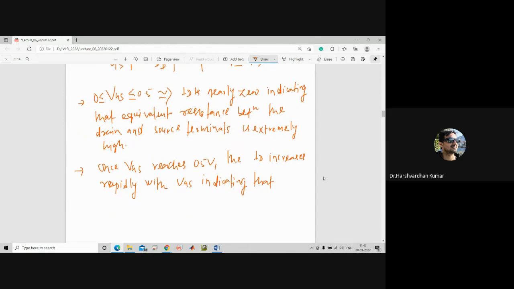Indicating that the equivalent resistance at the drain decreases with increasing VGS, that is gate to source voltage.